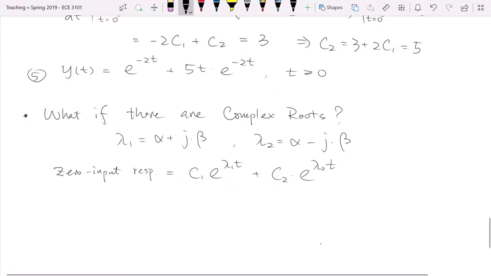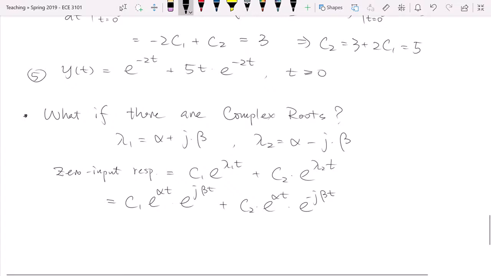So if you have forgotten, you want to go back and check your notes. And how do we deal with it? We plug in lambda 1, lambda 2 with alpha plus or minus j beta, and you'll find c1 e to the alpha t times e to the j beta t plus c2 e to the alpha t times e to the negative j beta t. So that's how we plug them in.